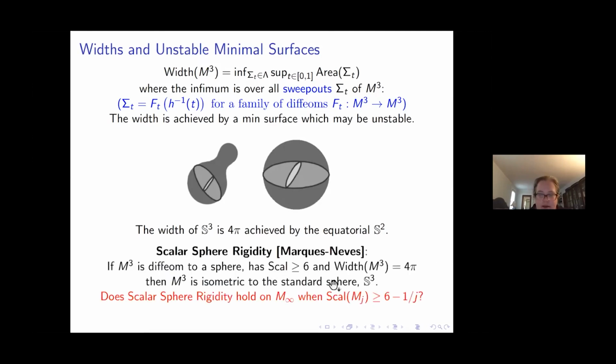Okay. So for scalar sphere rigidity, does it hold in M infinity with this kind of a sequence? You would use some sort of slicing to define how the width gets to the limit width. And then you would say, okay, how are we going to prove the rigidity on the limit? Well, they proved their theorem with Ricci flow.